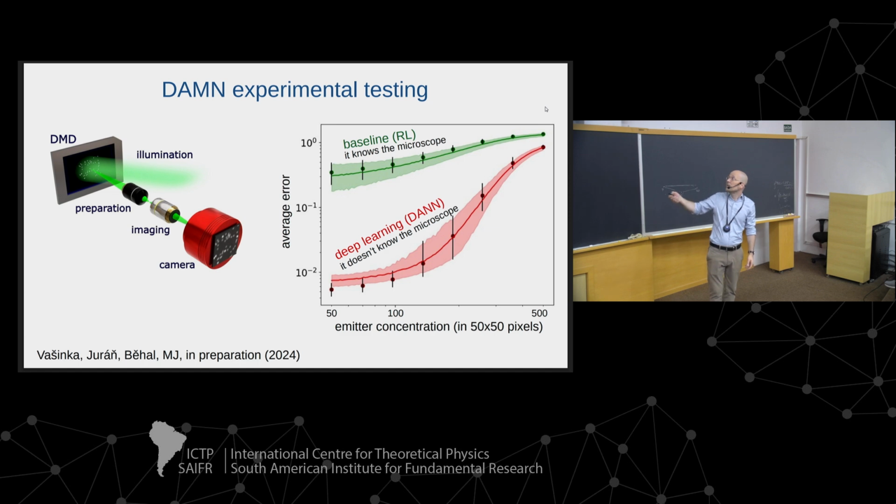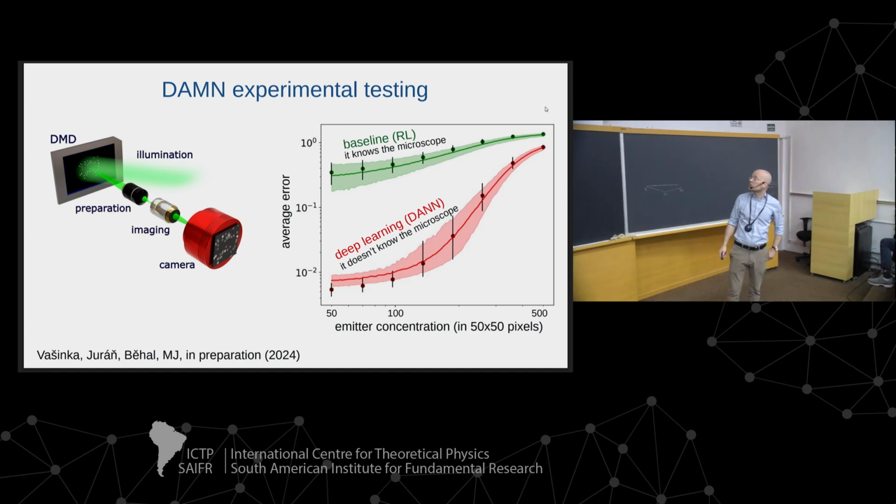It means we can get under-resolved images, but we also know what we are sending in, so we know the actual object.